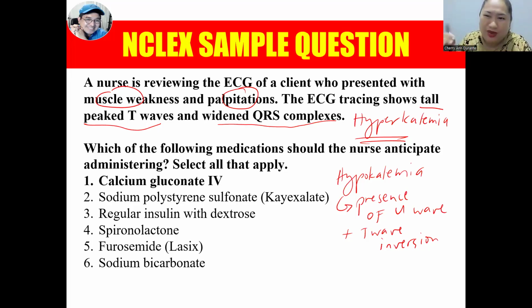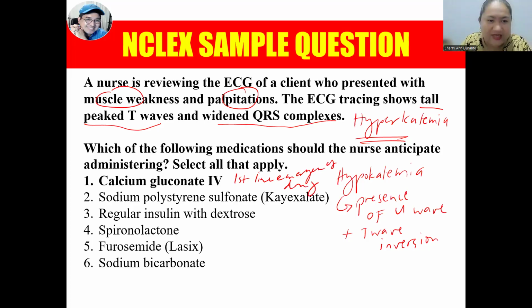You know that one of the things that potassium damages is your heart. And calcium gluconate will serve as an emergency treatment to prevent the potassium from destroying the heart. So this is now a yes. This is your first line emergency measure.